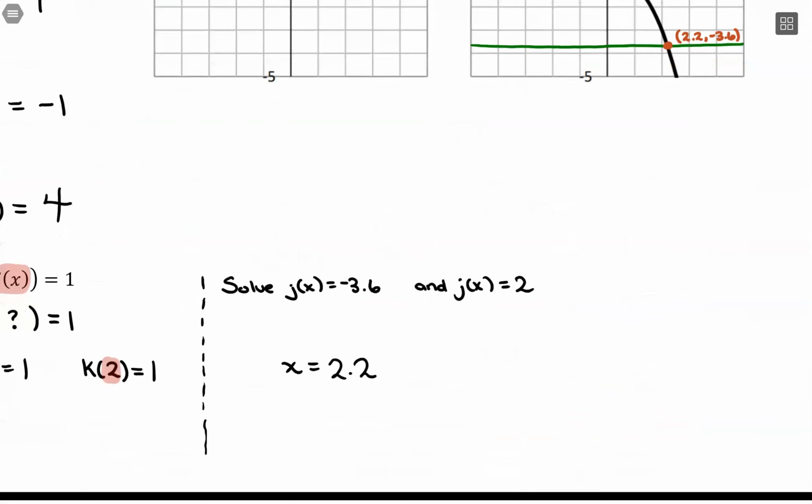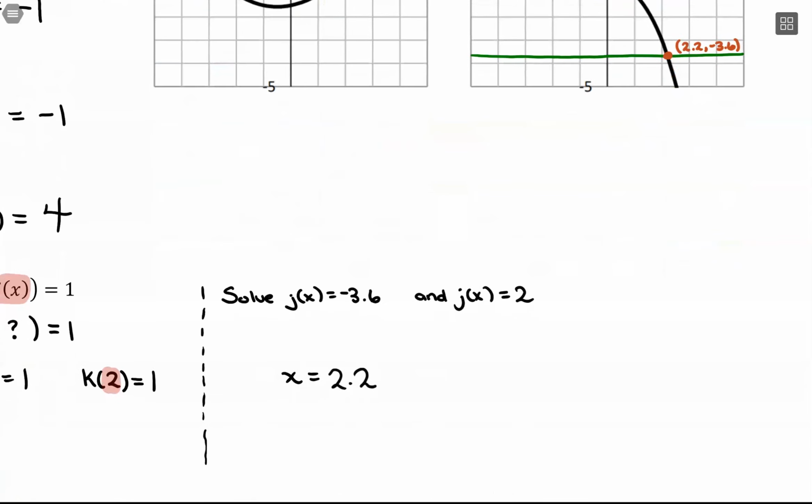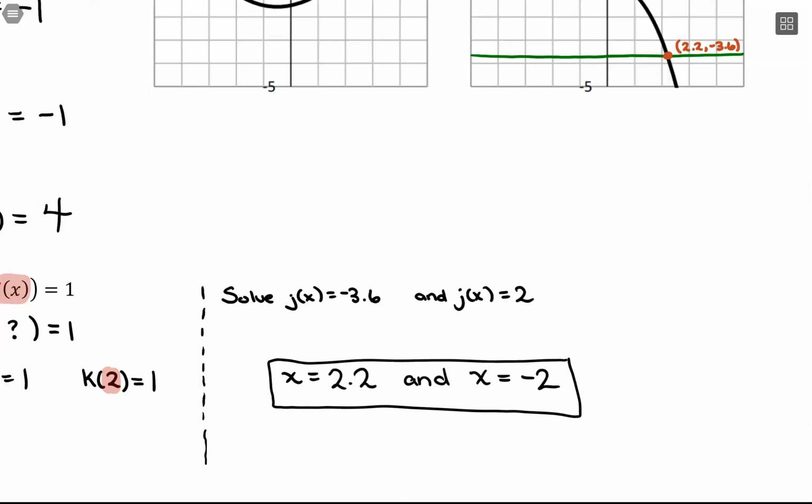And then we want to look at this horizontal line at positive 2, which has this intersection at negative 2 for x: negative 2, positive 2. So we also have this coordinate, x equals negative 2, and that would be our final solution.